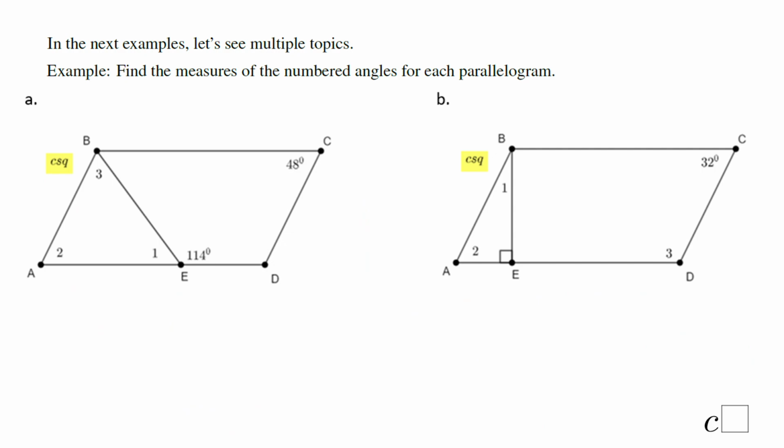So the first thing, I'm going to look here and I'm going to look to angle 1. And with this angle 114, they form a line, right? The measure of angle 1 plus 114 equals 180 degrees. Remember, linear pair.